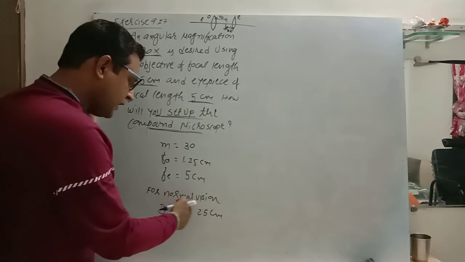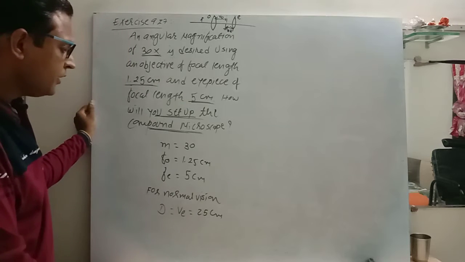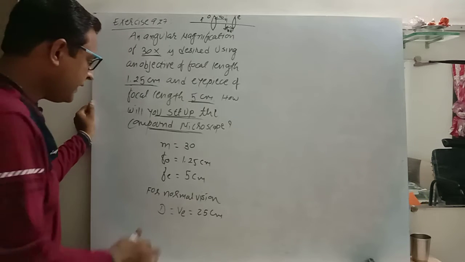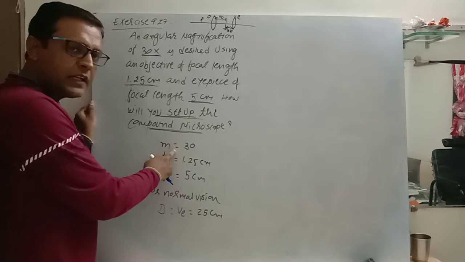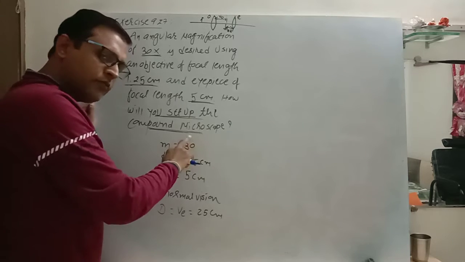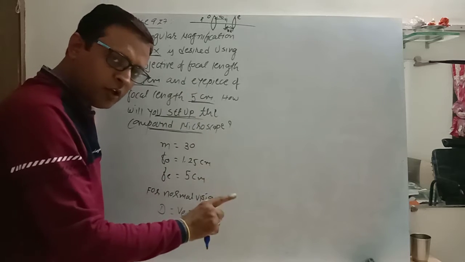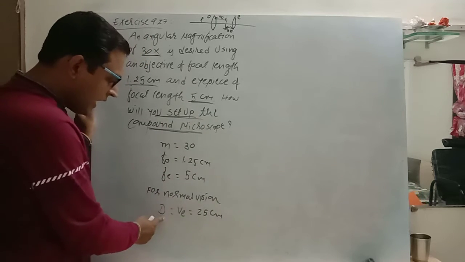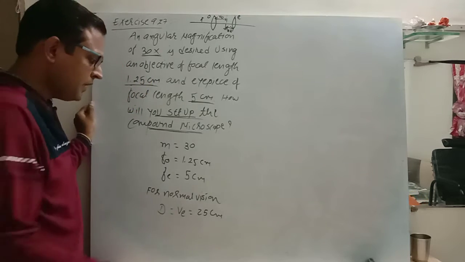Here we have to consider for normal vision the final image distance as 25 centimeter. And now from the total magnification, we have to calculate the magnification for the objective and the magnification for the eyepiece. So from here we get the magnification for the eyepiece.